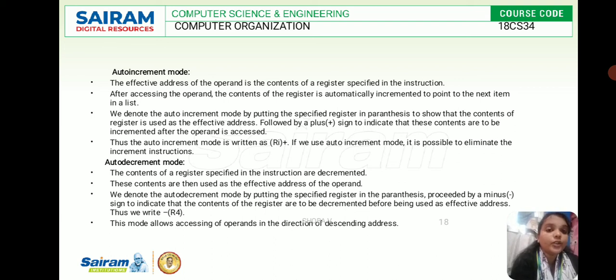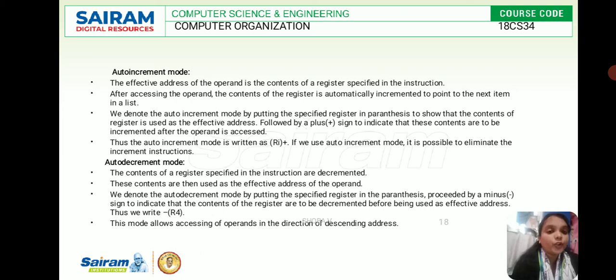We denote the auto increment mode by putting the specified register in parentheses, to show that its content is used as the effective address, followed by a plus sign, which indicates that the contents are to be incremented after the operand is accessed. If I use this mode, it is possible to eliminate the increment instructions, for example in an add loop.